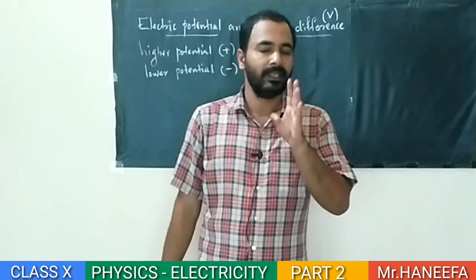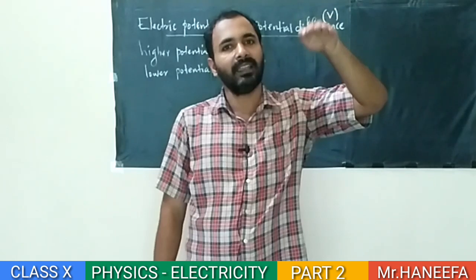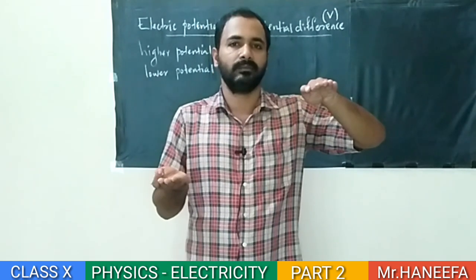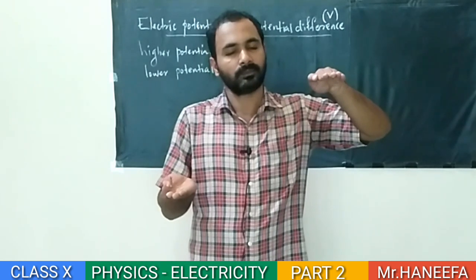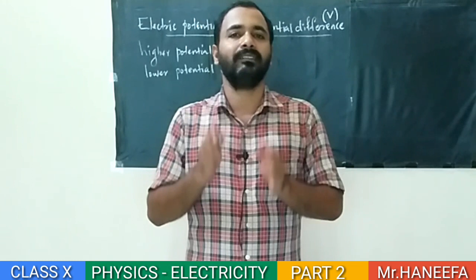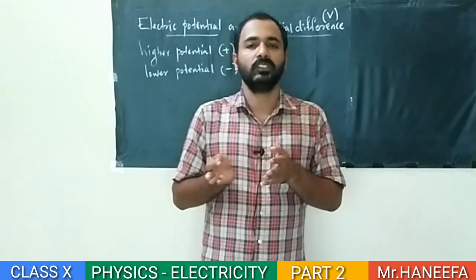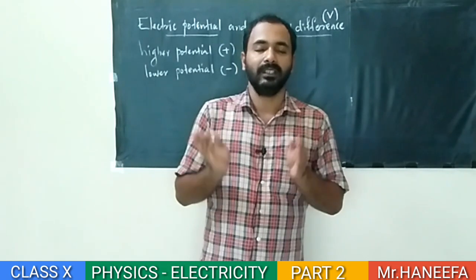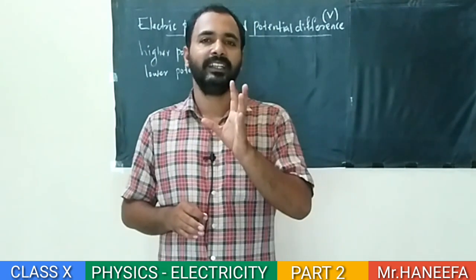So we can say in the case of water, water flows from higher level to lower level. Okay, high potential, low potential. In the case of electric current, it flows from higher potential to lower potential. The difference in potential is called potential difference.